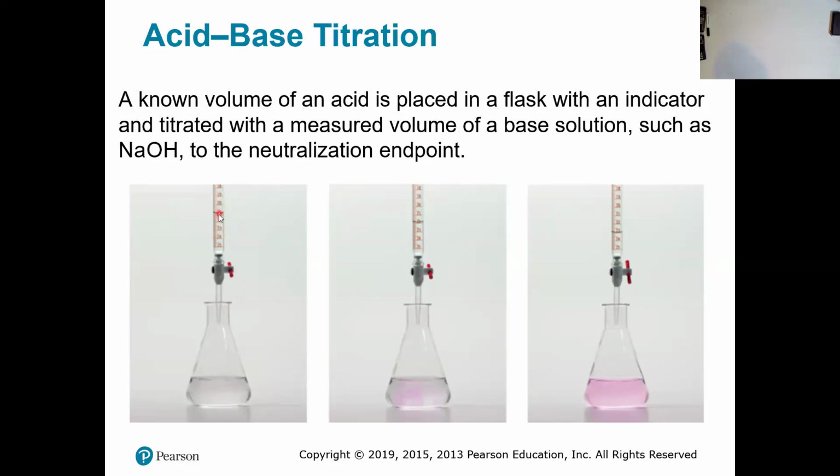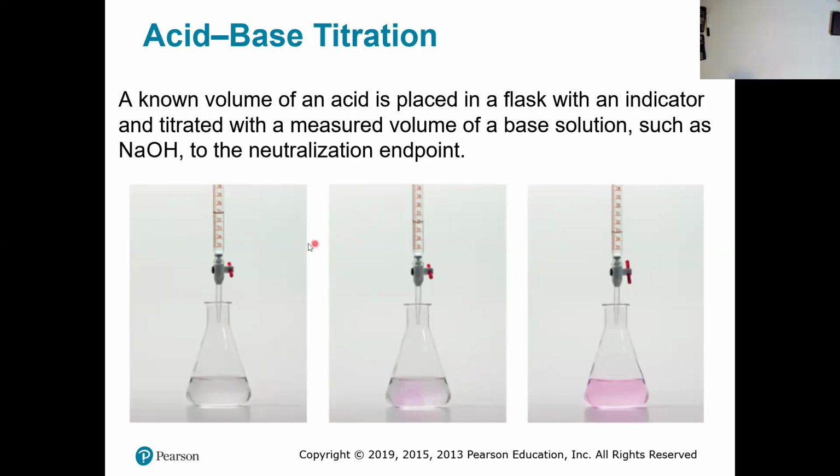In your burette up here, this is your base. In this case, sodium hydroxide. And when we're doing a titration, we're going to be adding the base from the burette into the flask that has our acid. And notice how, as these slides progress, that volume gets lower and lower and lower because we're adding more and more base to our acid.